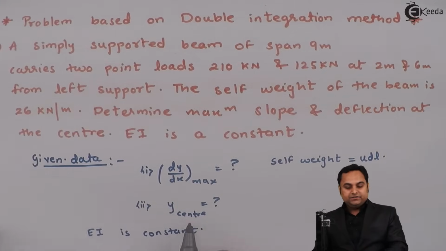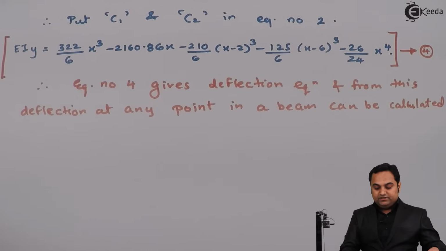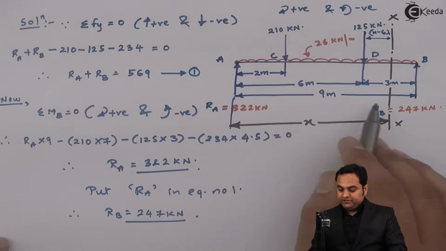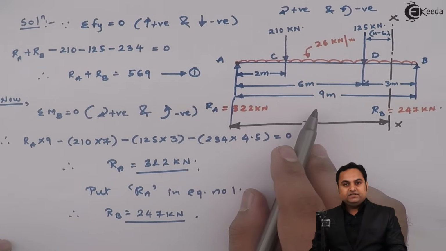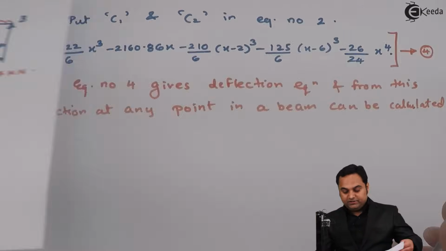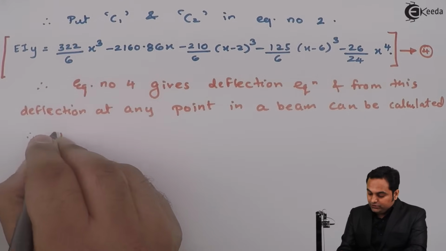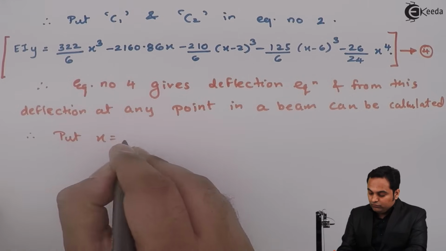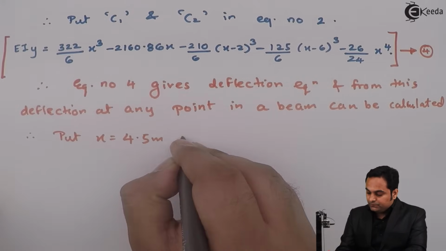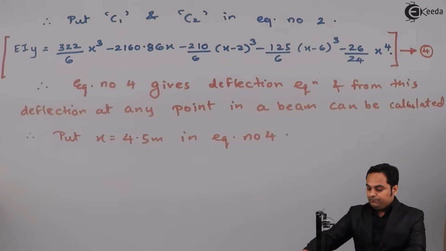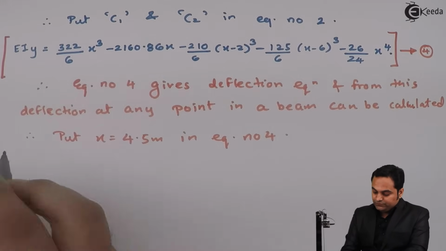So now if we look into the question, here they have mentioned that we have to find y, that is deflection at the center. So at the center, the length of the beam is 9 meter, and we have to find the deflection at the center, that is at 4.5 meter. So therefore put x is equal to 4.5 meter in equation number 4. So here I'll put the values.